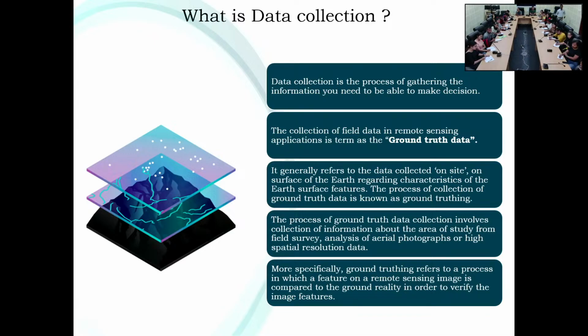Now it generally refers to the data collected on site, on the surface of the earth, regarding characteristics of earth surface features. The process of collecting ground truth data is known as ground truthing, which I have already told you. So basically in remote sensing, what kind of data do we collect? Can anyone tell me?